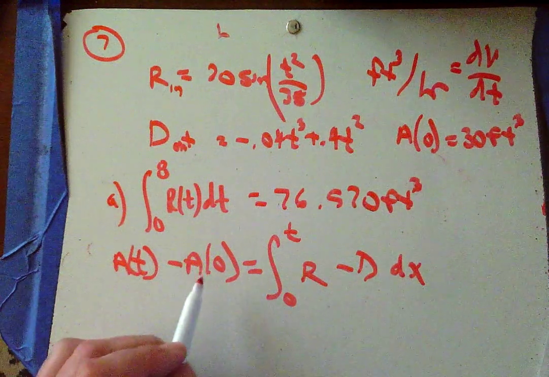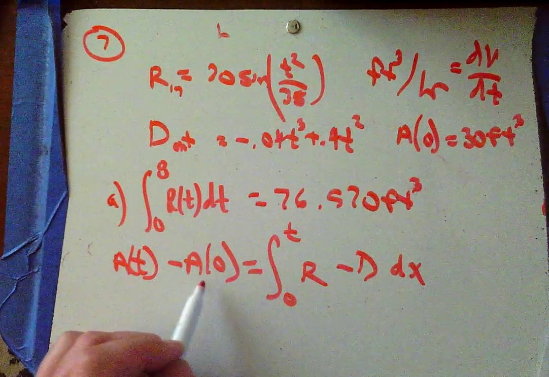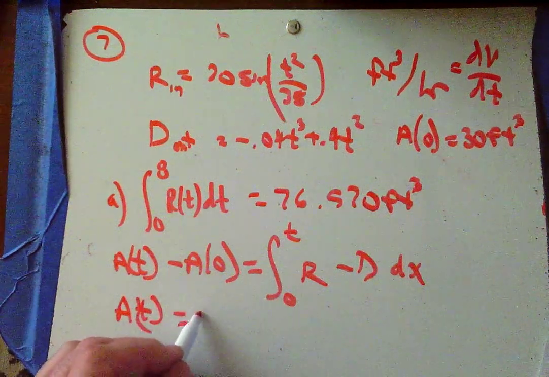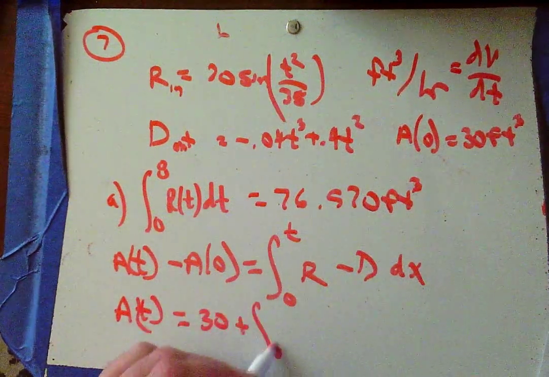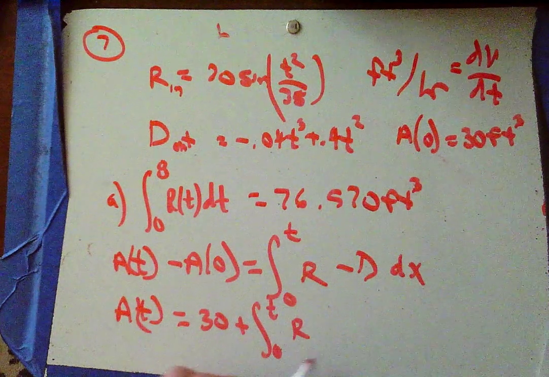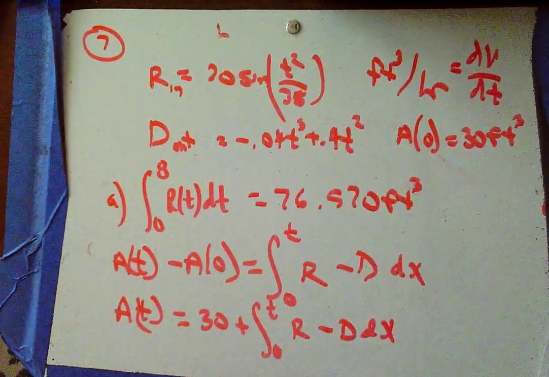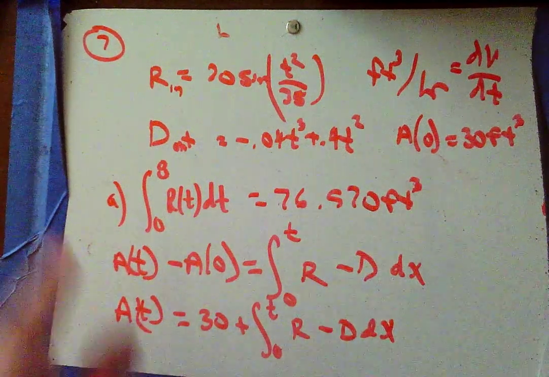Okay, and we've got this initial amount, so A(t) is going to be 30 plus the integral from 0 to t of R minus D dx. And we want to know if this amount is increasing or decreasing.